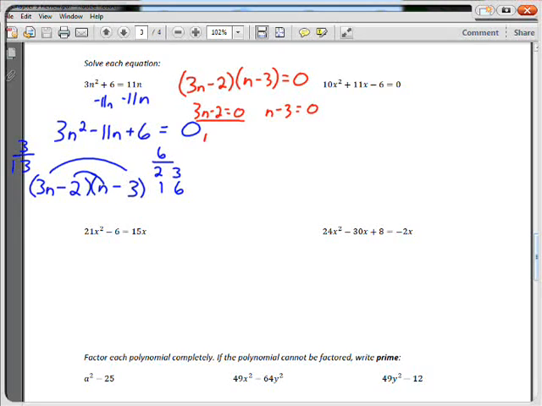On this side over here, I'm going to end up with n is equal to 2/3. And over here, I'm going to end up with n is equal to 3. And so my answer then will be 2/3 and 3. I know it's a lot of work for one problem, but that's the only way we can solve it.